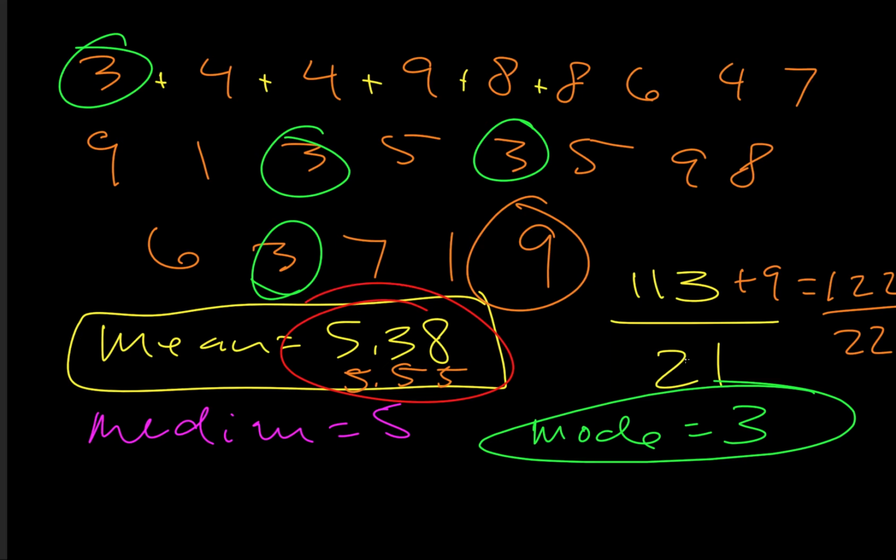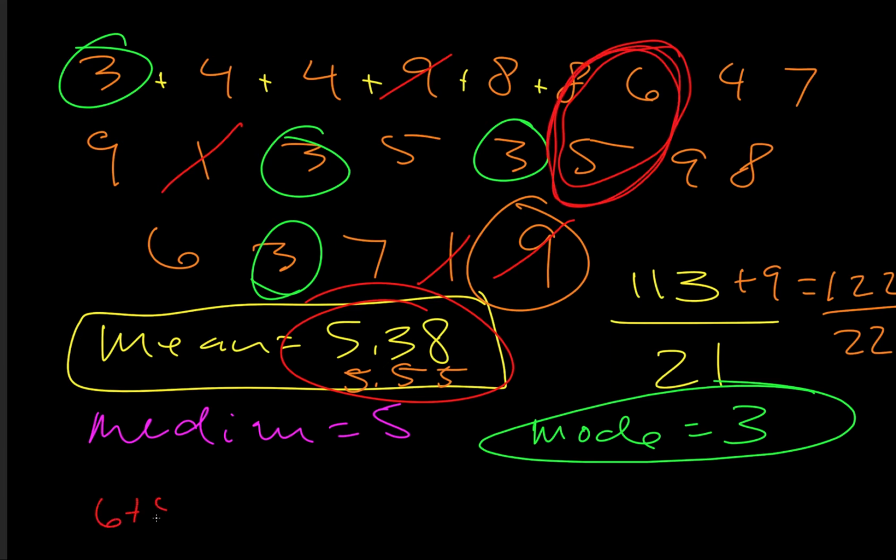Those are pretty similar. Okay, now if we go to the median, if you remember, you can rewind the video if you want, if we cross off a 1, then a 9, and we do that, we're going to end up with a 5 and a 6 at the end. And so we have to say 6 plus 5 over 2, and that's 11 halves.